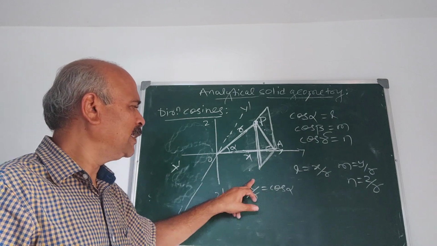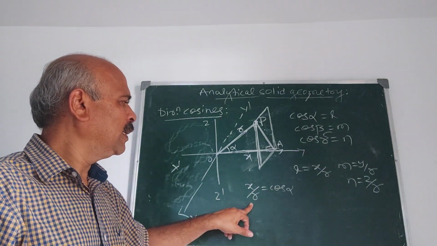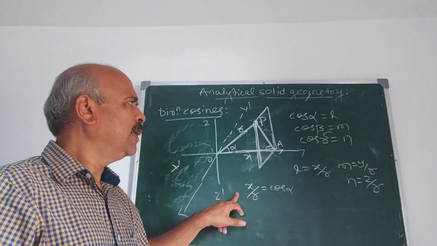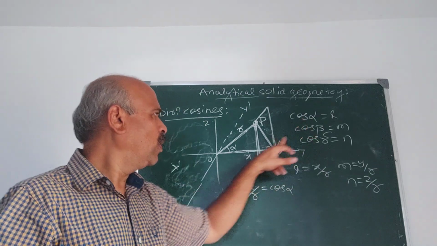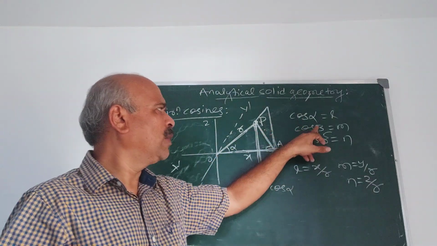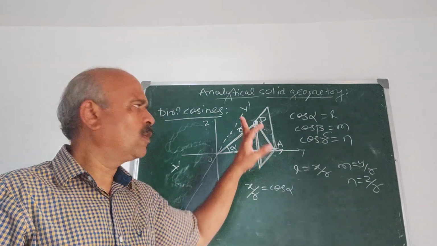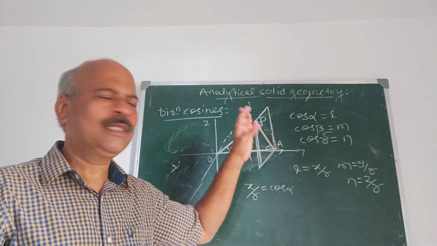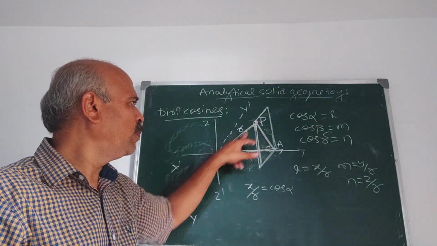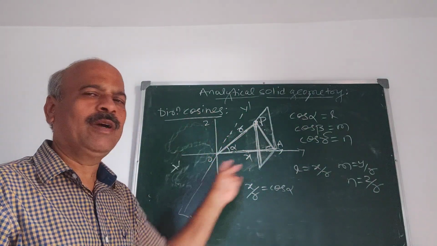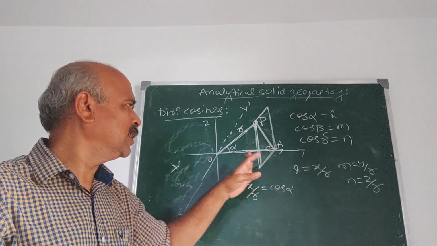Then cos alpha is x by r, and this is taken as the direction cosine of the line. Similarly, cos beta and cos gamma are taken as direction cosines of this line OP, which makes angles alpha, beta, gamma with the positive x, y, z axes.